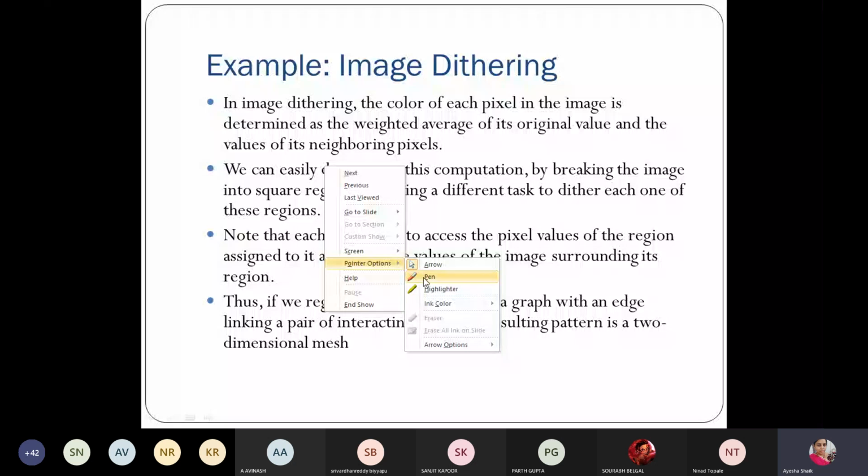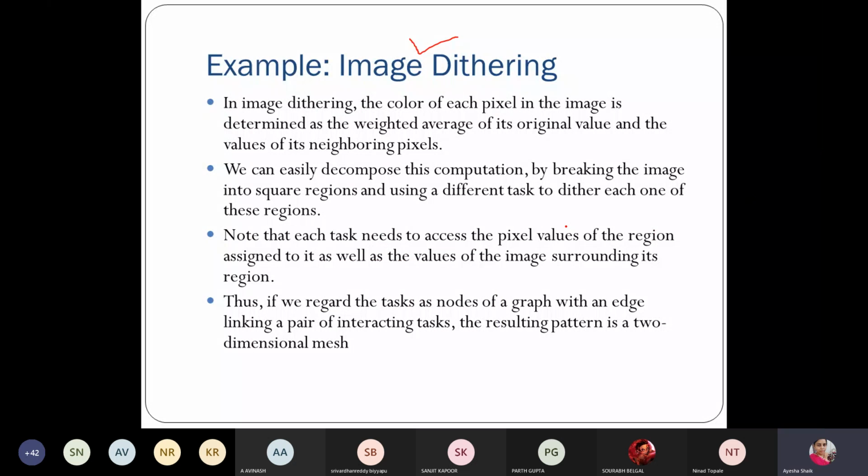As an example, we can consider image dithering. In image dithering, the color of each pixel in the image is determined by the weighted average of its original value and the values of neighboring pixels. So one pixel is identified by the weighted average of the original value and the neighboring pixels.